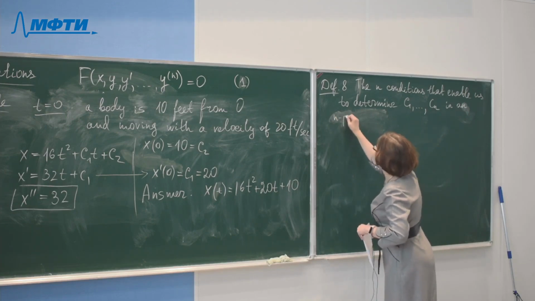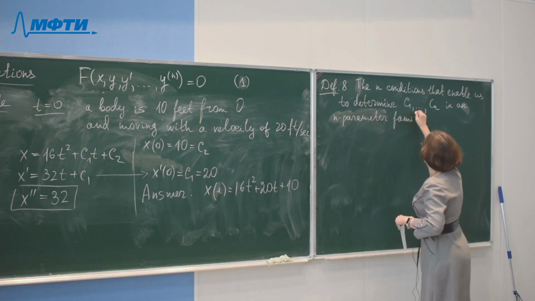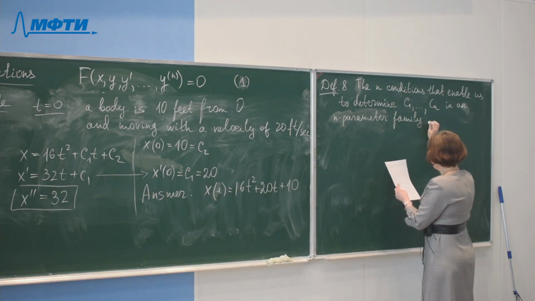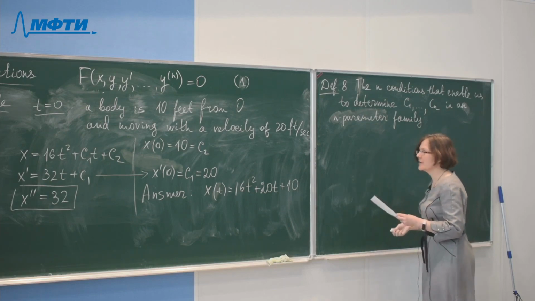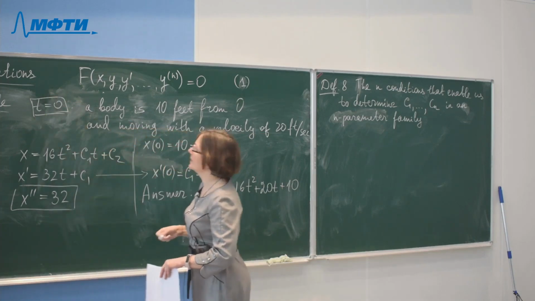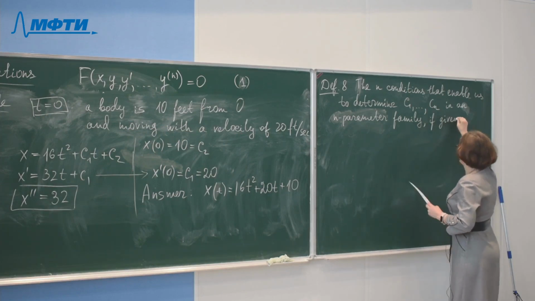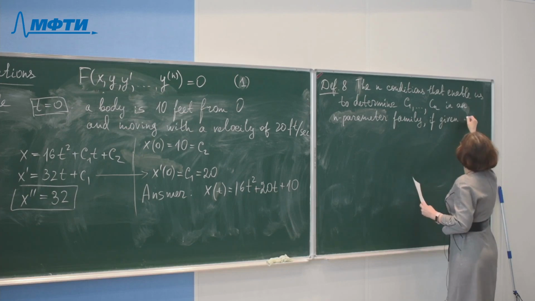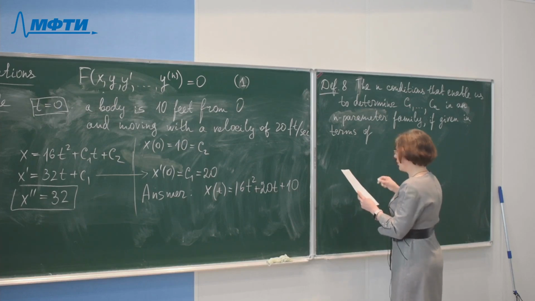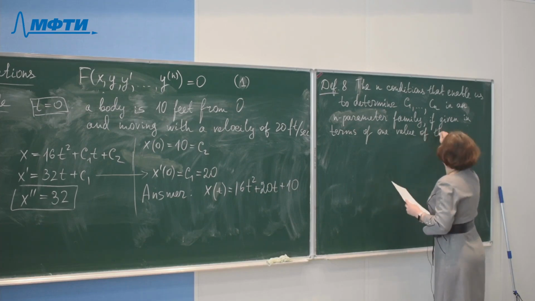in an n-parameter family, if given in terms of one value of the independent variable, are called initial conditions. So, for example, we are given initial conditions for this value of the independent variable.